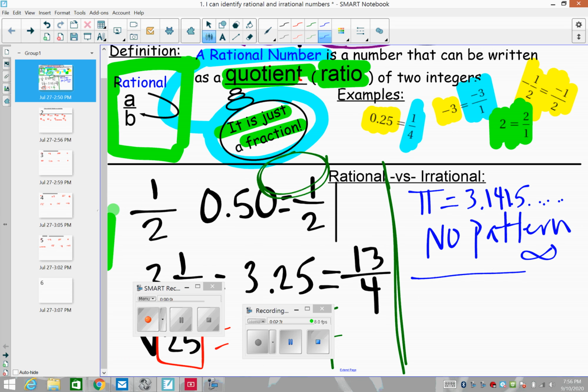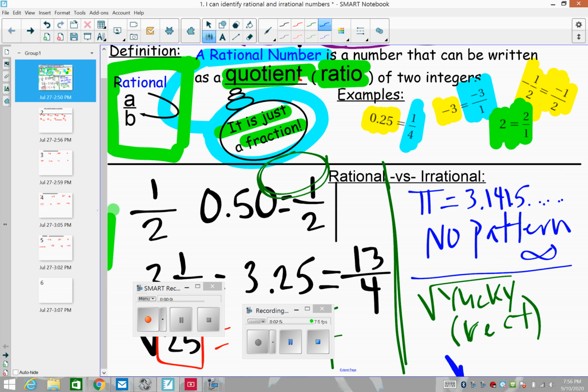Another super well-known category of irrational numbers are the square roots of things that are yucky. What I mean by that? Rectangles. So things that are not squares. For example, the square root of 5. That's a 1 times 5 rectangle.